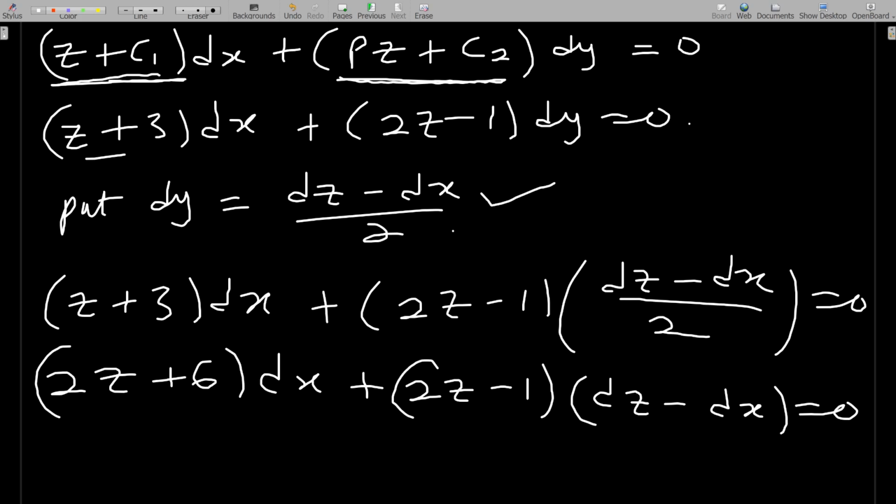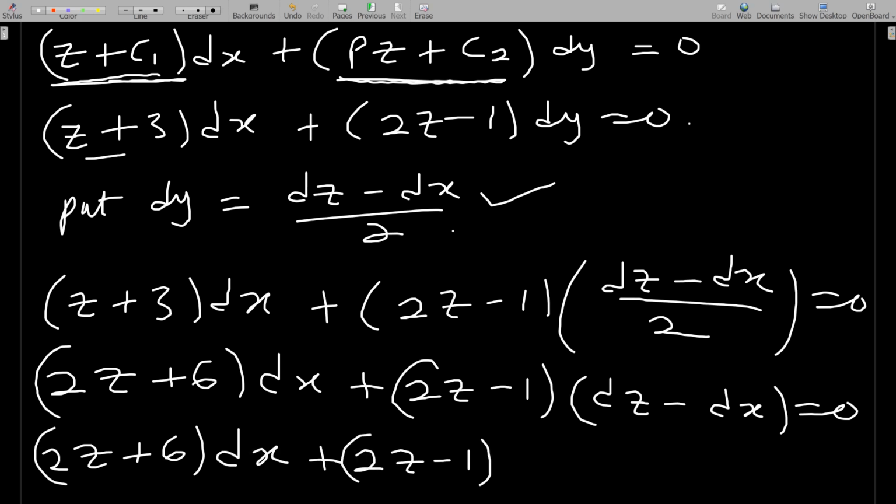If I expand the other term, I have (2z plus 6) dx plus (2z minus 1) dz, then (2z minus 1) into negative dx, and this is equal to 0. I hope you get this. So negative dx like that.